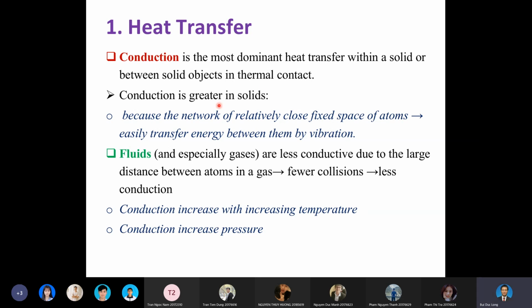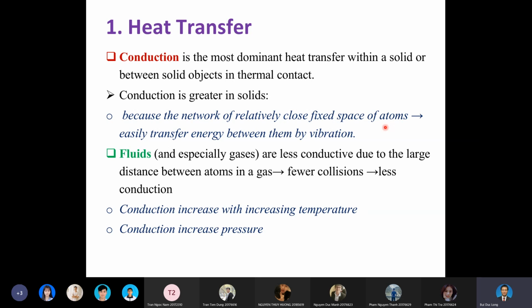Because of the network of relatively close, fixed atoms: the space or distance between atoms in a solid is much shorter compared to the distance between atoms in air or in a liquid.